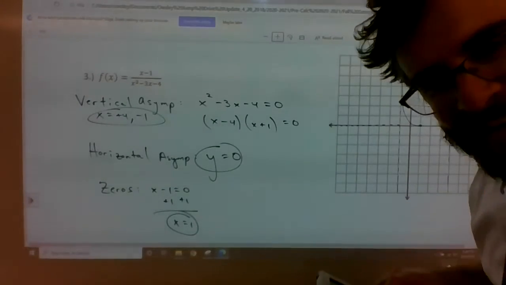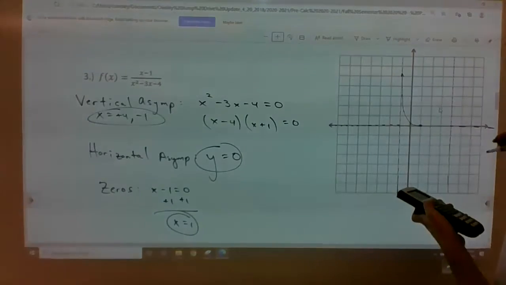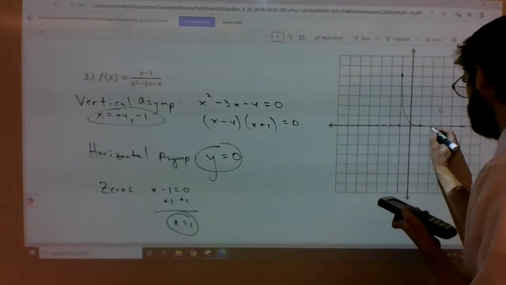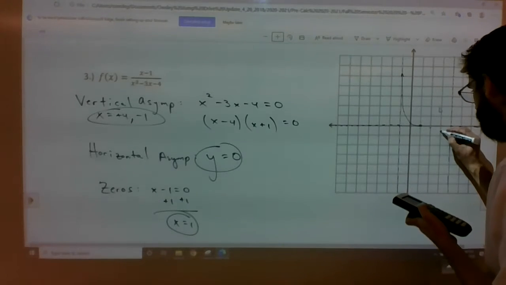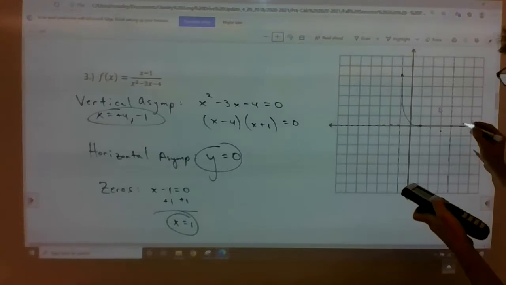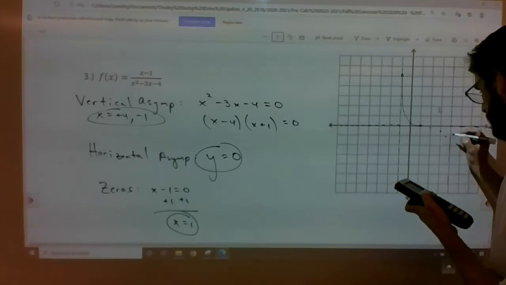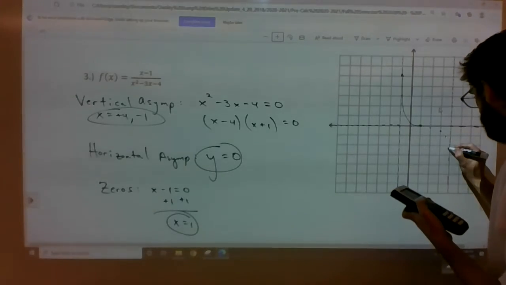And then after that, they turn negative. Wow. So 2 gives me -1/6. 3 gives me -1/2. 3.5 gives me -1.1 repeating. 3.75 gives me -2.3.